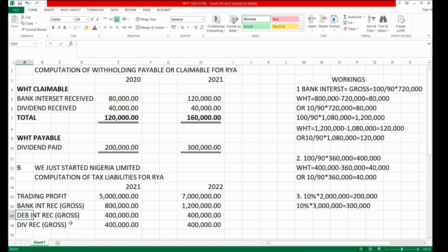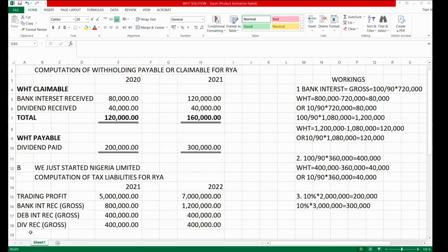We have dividend to shareholder. Is it an income to the company? No, it's an expense. Dividend paid to shareholder is an expense, so it's not an income. They are not going to pay tax. It's the shareholder that will suffer it.